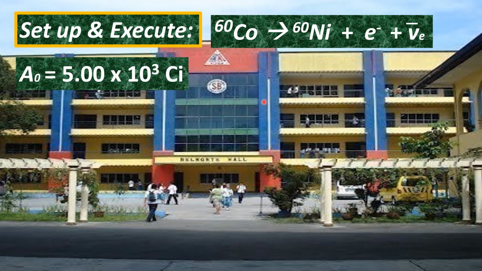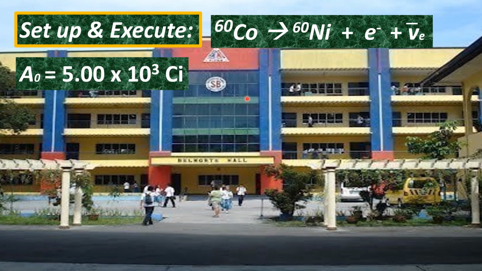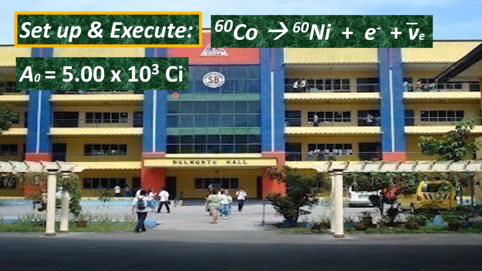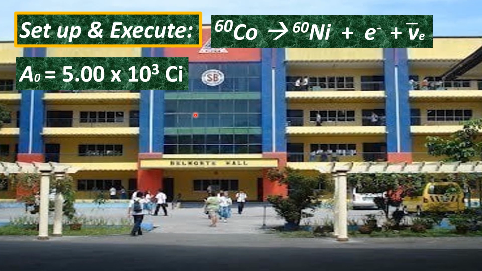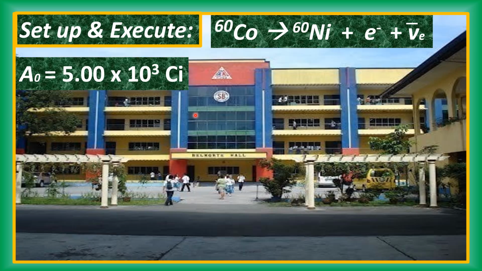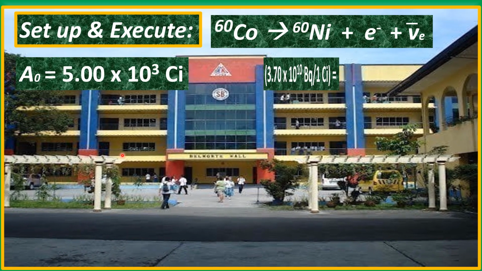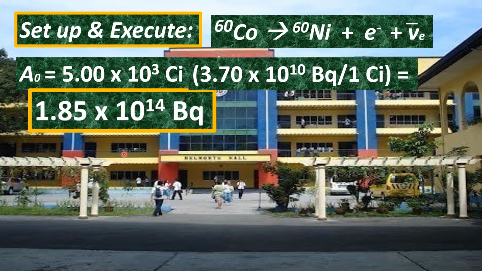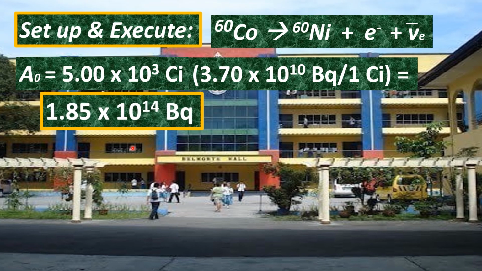The initial activity of 5,000 curie is also equivalent to 1.85 times 10 to the 14th becquerel.